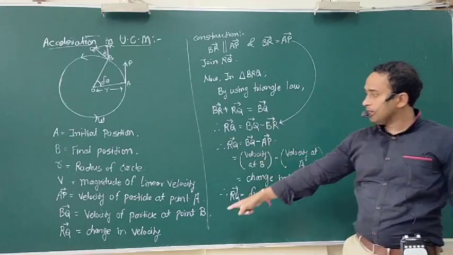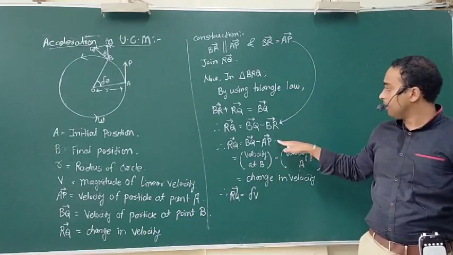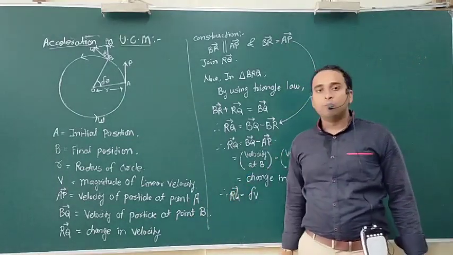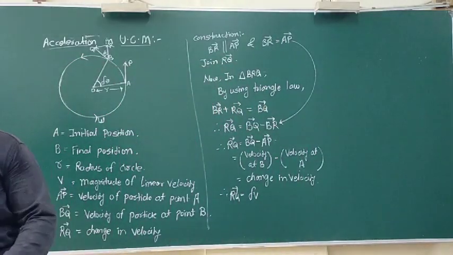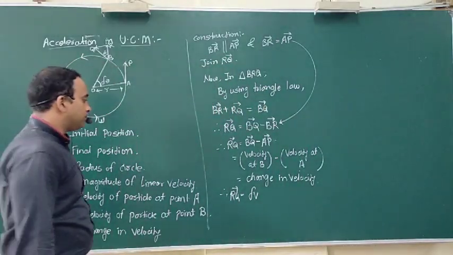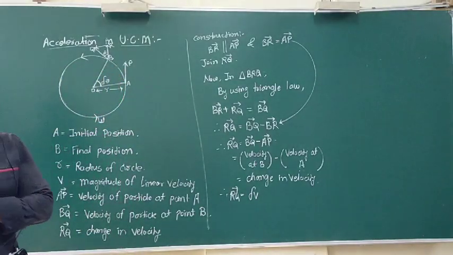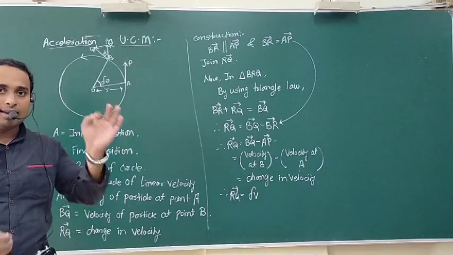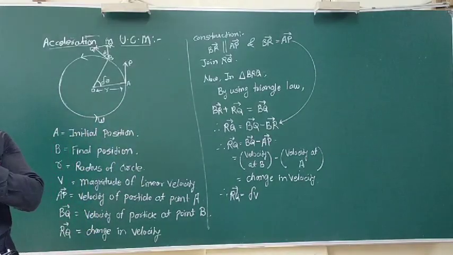So PQ bar is the velocity at point B and AP bar is the velocity at point A. Okay, so we know the formula for acceleration. What is acceleration? The rate of change of velocity with respect to time.